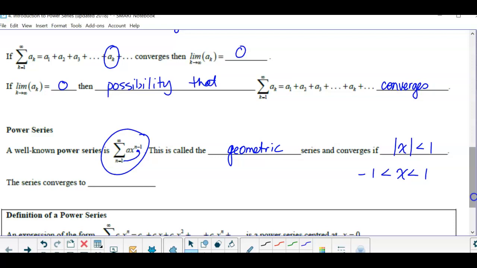Okay, so remember infinite series. So the sum of an infinite geometric series back from Math 20 was the first term over 1 minus r. Okay, in this case, the first term when n equals 1 would be a. So a is the first term. So this is going to converge to a over 1 minus r.